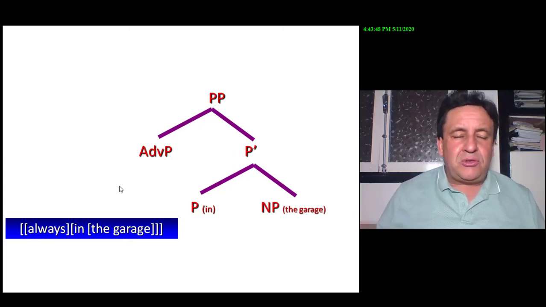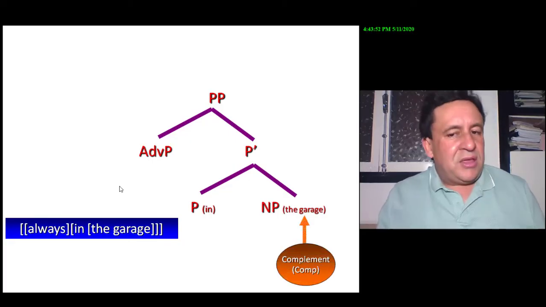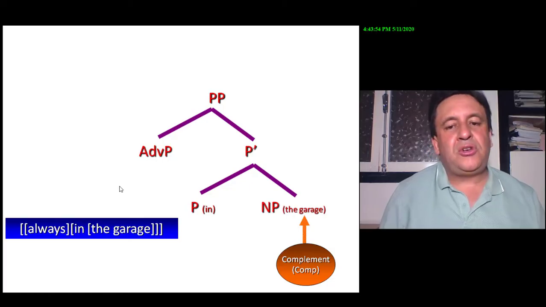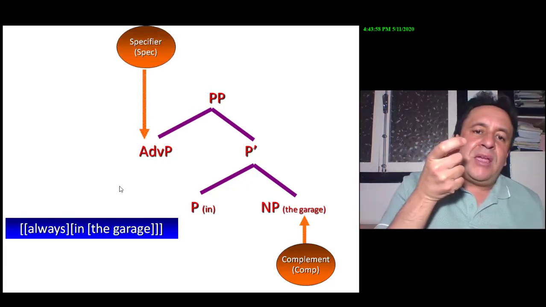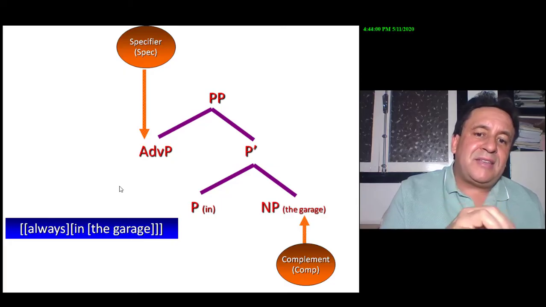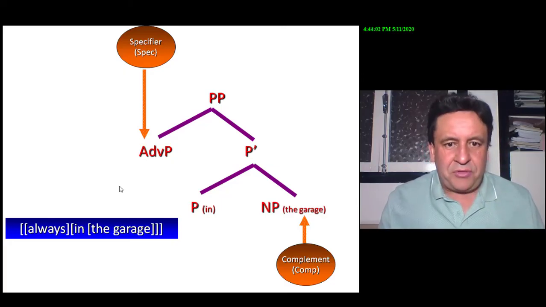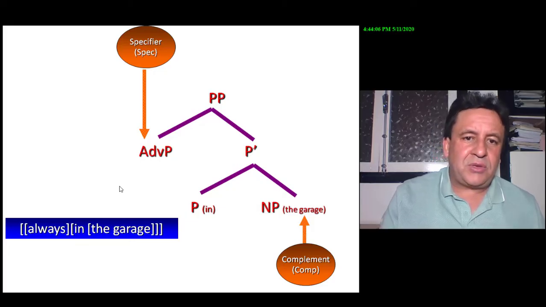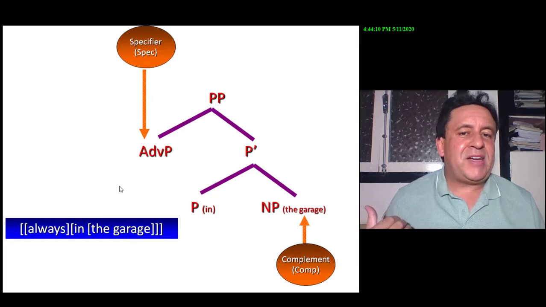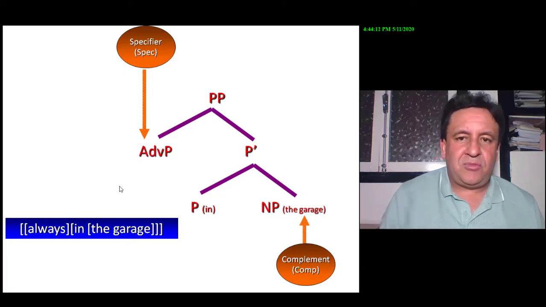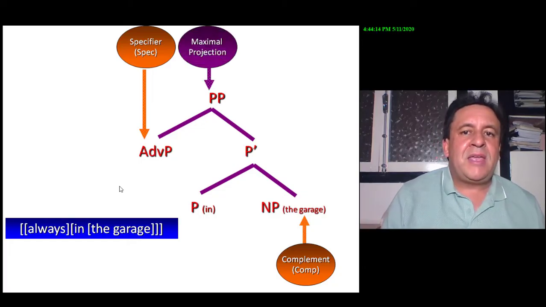Now let me introduce you to the terminology that we use in syntactic analysis. The NP is the complement. That's the term that we use. A part of the sentence that specifies the meaning of the PP, specifies the place, the time of it, is called a specifier. We have already studied specifiers, so I will not go back to this again. So we have a specifier.